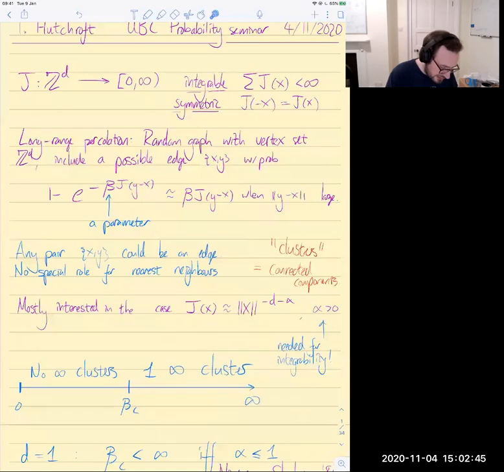This specific choice of function is not really important. The point is that when y minus x is large, this is basically beta times J of y minus x, and it's always between 0 and 1, so this makes sense. This is really the only reason we use this function. You could just take the minimum of this and 1 and it would work. Everything would be exactly the same.